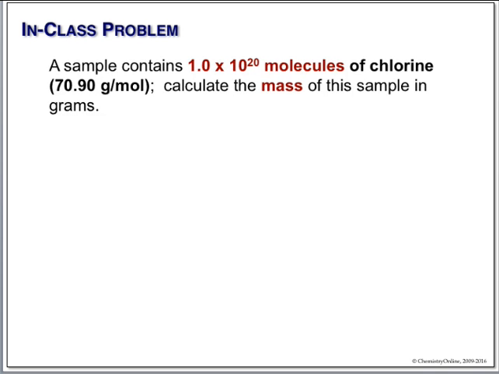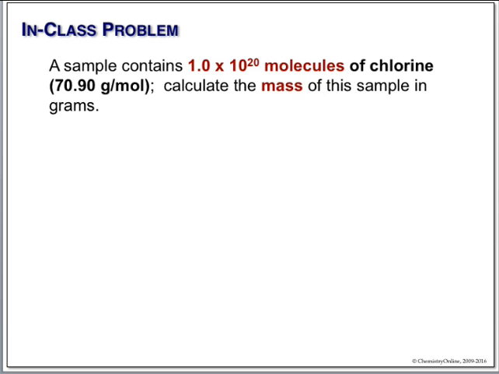All right, let's do a slightly different calculation. Here we have a number of chlorine molecules. And we want to know the mass of this sample. How are you going to approach this one?